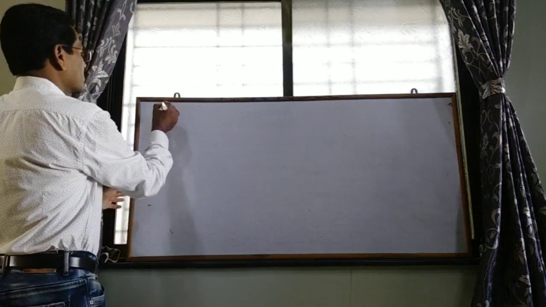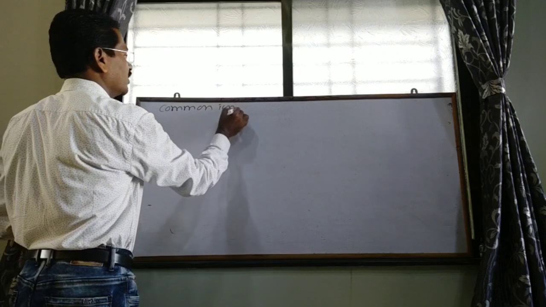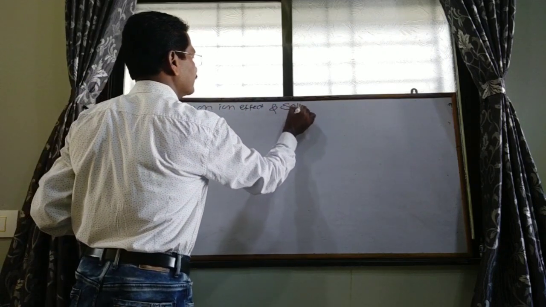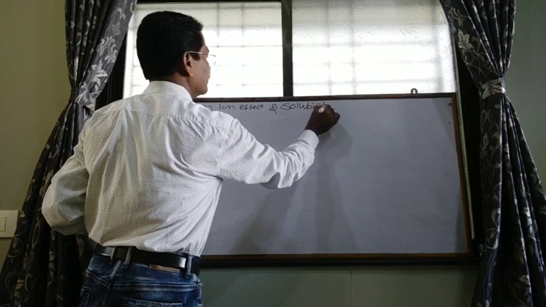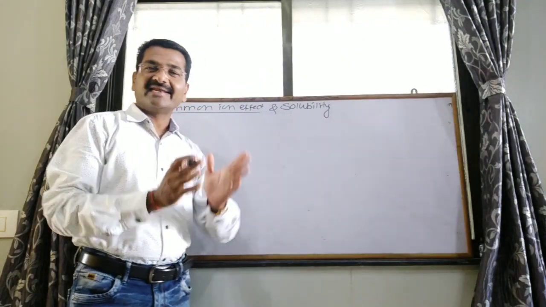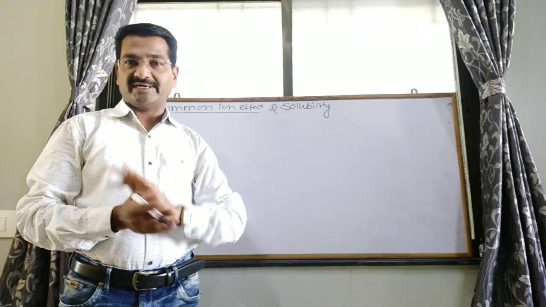How to demonstrate the relation between common ion effect and solubility?